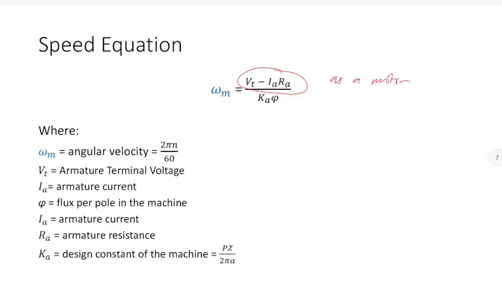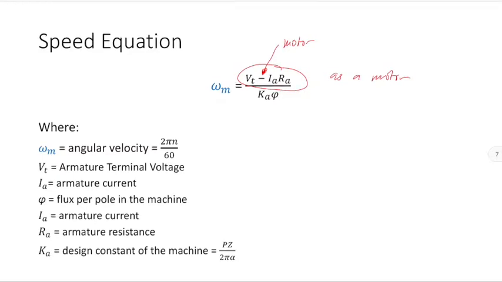Because of the negative sign. So it is for a motor: V_T minus I_A R_A over K_A phi, or the flux per pole. It is a quick equation to get the speed of our DC machine.